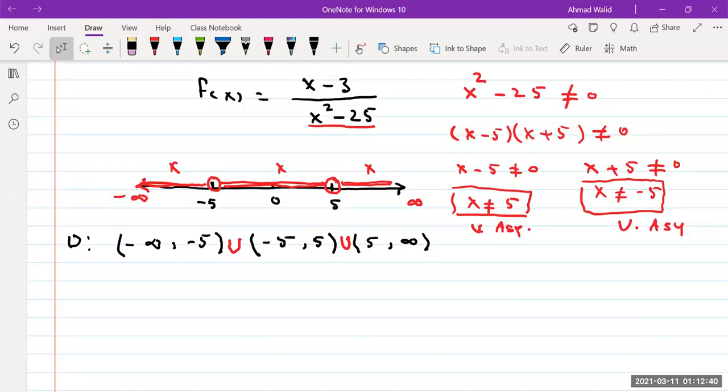infinity. Or the other way, if you use the set notation, the domain will be all values of x, then draw a line here.